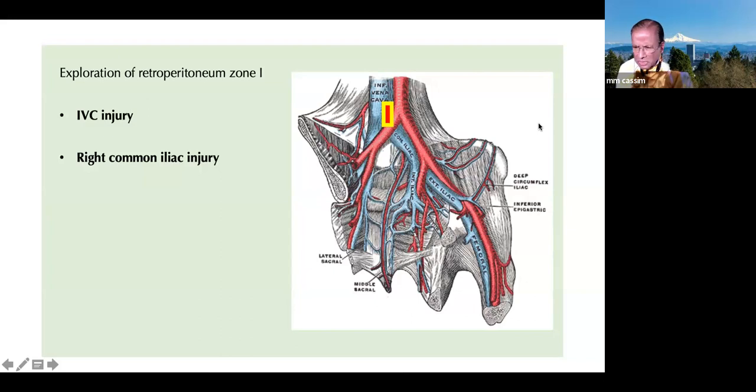Because the patient is hypotensive, he's requiring a lot of blood transfusion. I think I will do a damage control surgery. And that's what I would do first. I would not do anything to the iliac artery, mainly repair the left common iliac vein or IVC, wherever this injury is. And I would shunt it and get out as soon as possible.